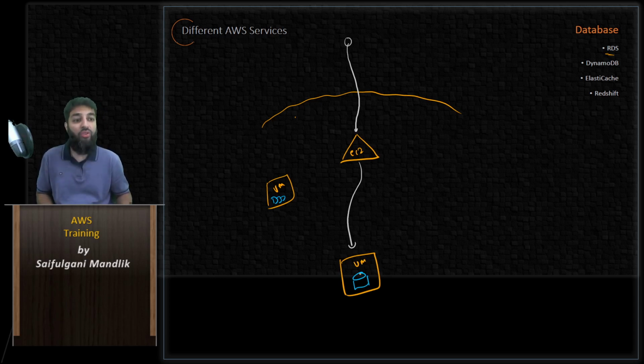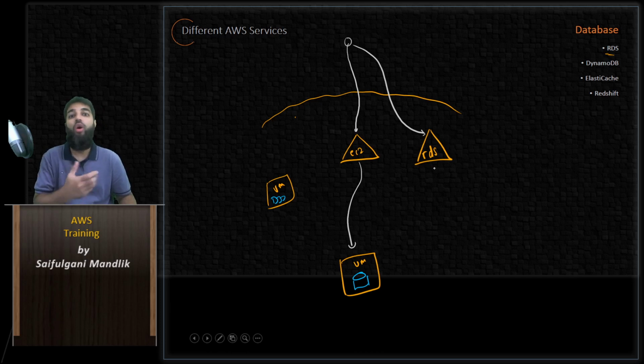The other way of having a relational database running in AWS data centers is AWS provides us with another service called as RDS, Relational Database Service. Again, you as a customer, this is a publicly available service, can send a request to RDS service saying, please create a Oracle database for me.